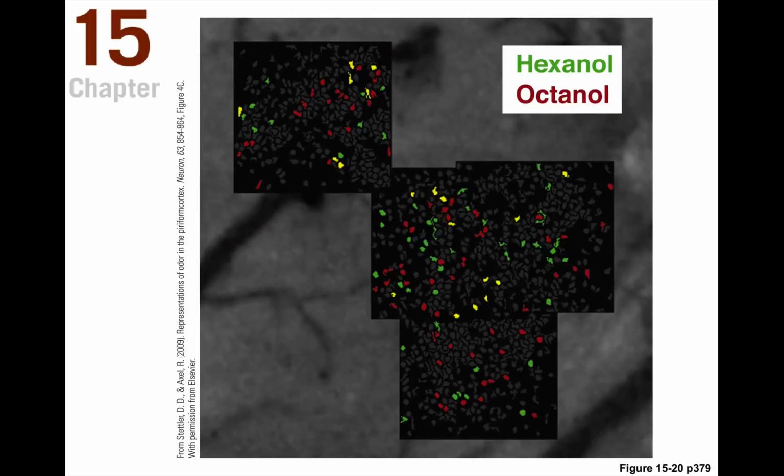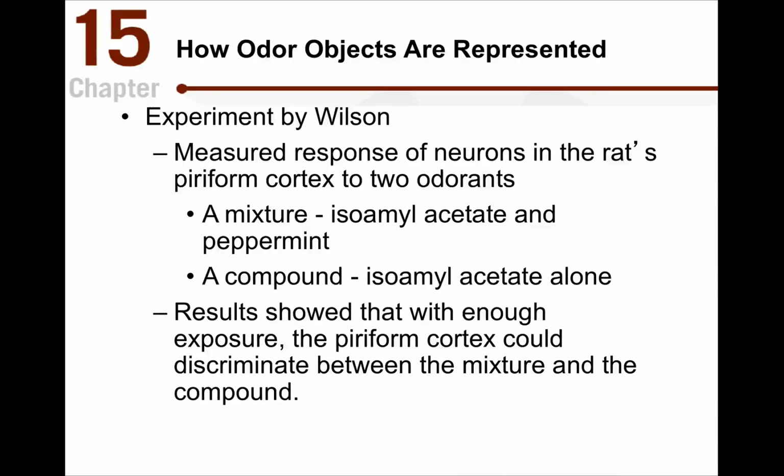The cells that are stained in red in this image only respond to octanol, whereas the cells that are stained in green only respond to hexanol. Really interesting that we're able to see all the way starting from the glomeruli, even from the receptors, that the coding of smell seems to be this pattern as we go higher and higher in the brain.